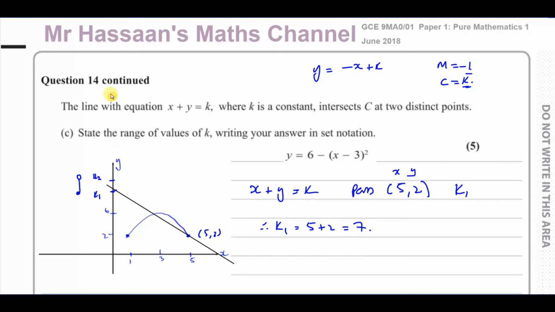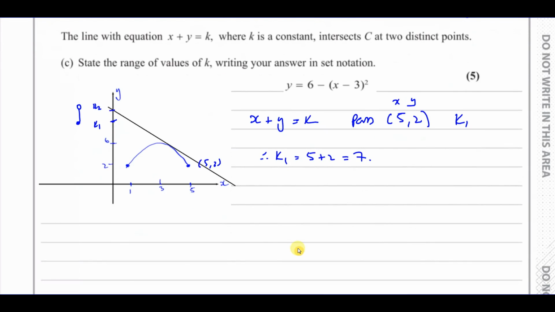The upper limit of k is going to be up here, where the line is a tangent to the curve. So the upper limit is when the line x plus y equals k is a tangent to C. Now how do we know when it's a tangent to C?